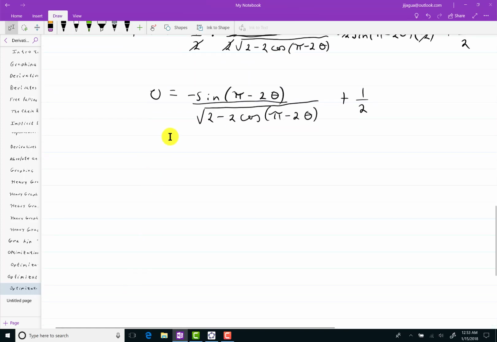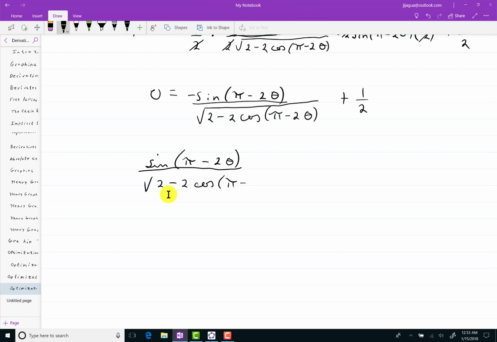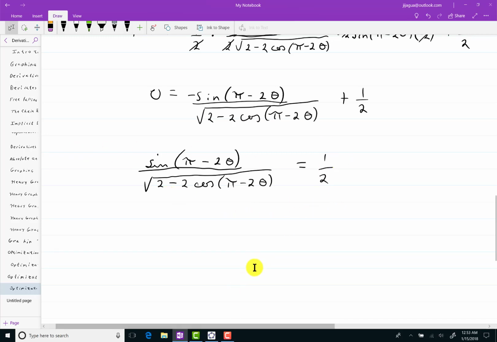And then I'll just add this chunk to the other side. And then next, I'm just going to cross multiply.